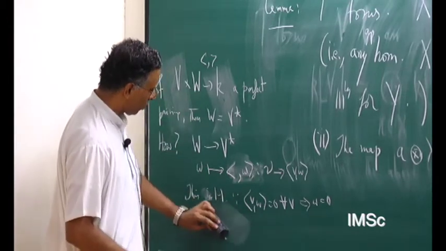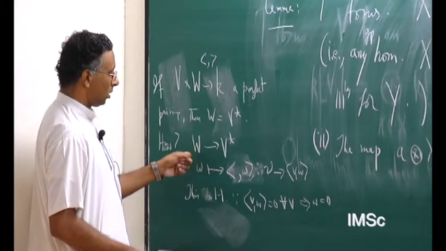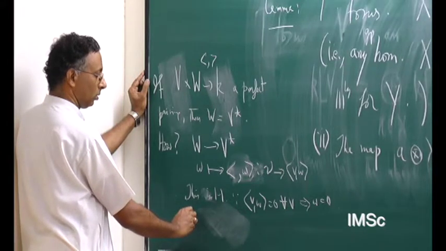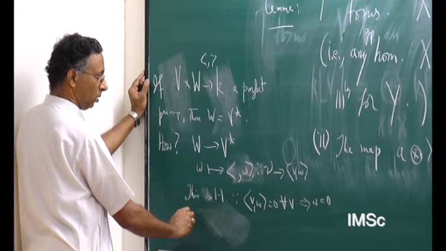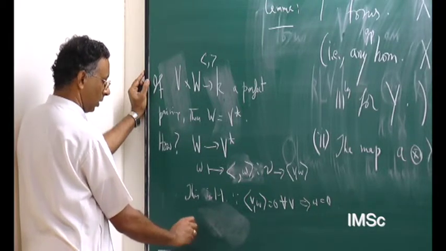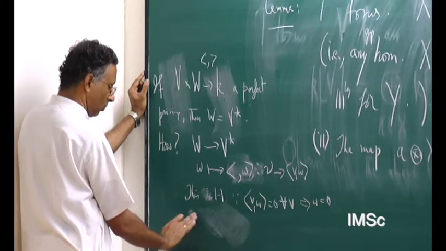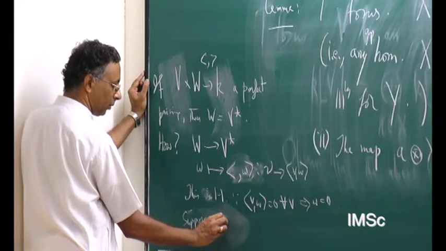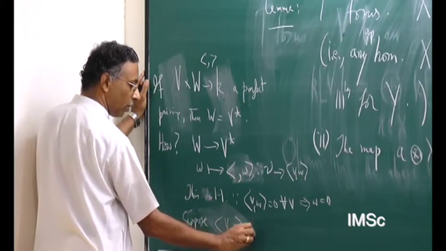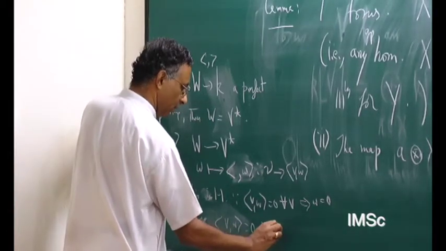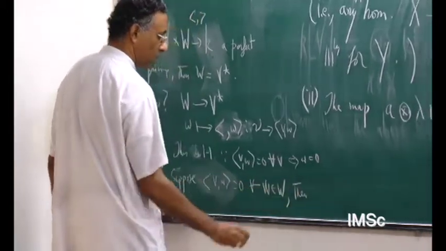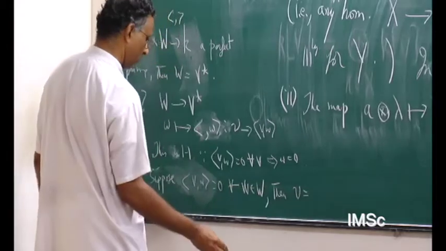For example, suppose we have this, right? If V comma W is equal to 0 for all W in W, then V is equal to 0.